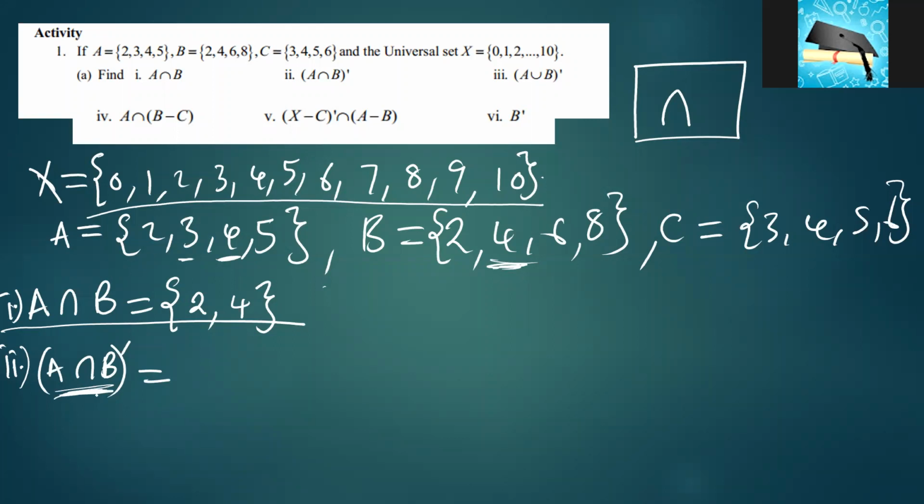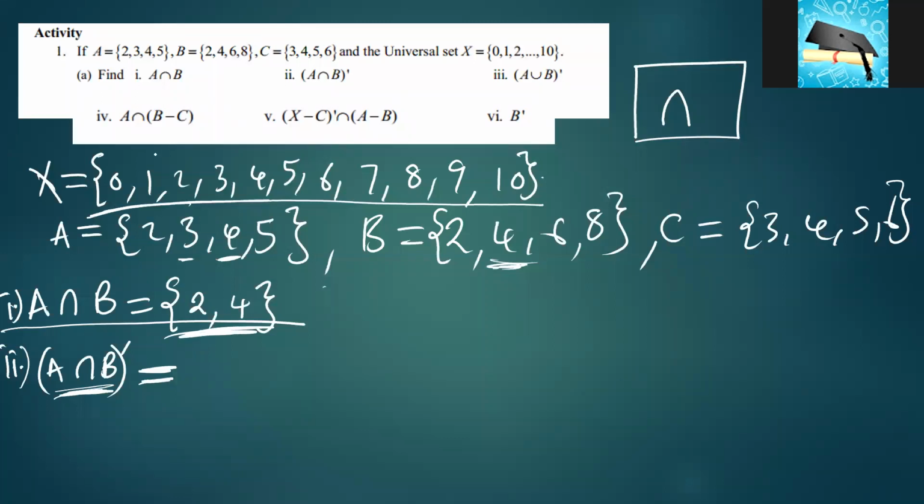So in other words, we're trying to list the whole universal set excluding A intersection B.